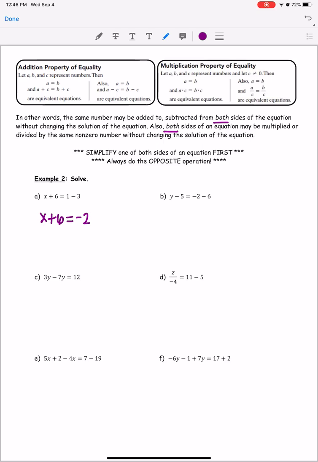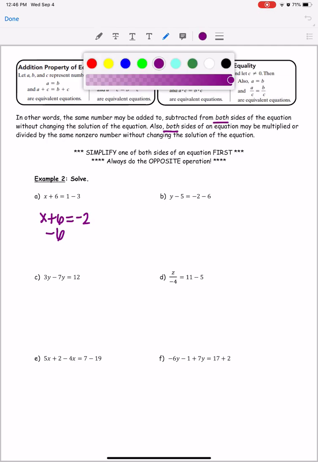And so now that I have simplified, now let's do that opposite operation. So now the goal is to get x by itself. So what is going on with that x? Well, we're adding 6 to it. So what's the opposite of adding 6? That is subtracting. So I'm going to subtract 6 from the left.